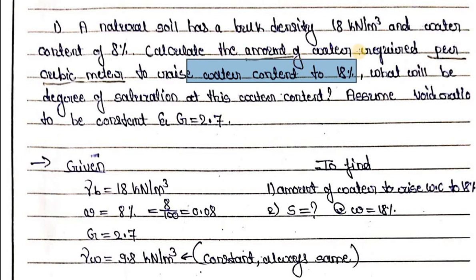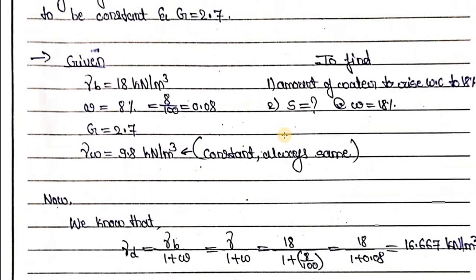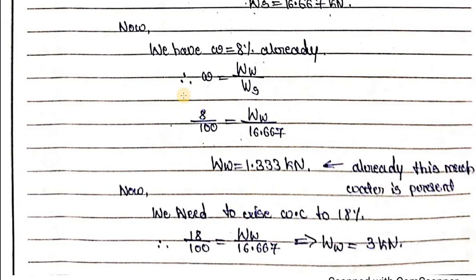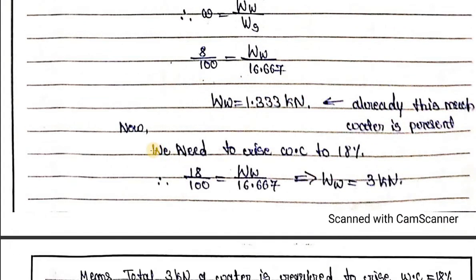To raise the water content from 0 to 8 I need to add 1.33 kilonewton, but already this 1.33 kilonewton water is present in the soil. To raise the water content from 0 to 18% I need to add 3 kilonewton of water, but already 8% of water is present.